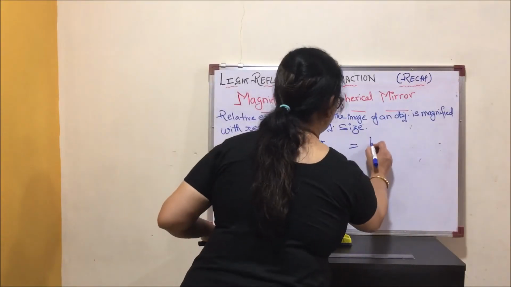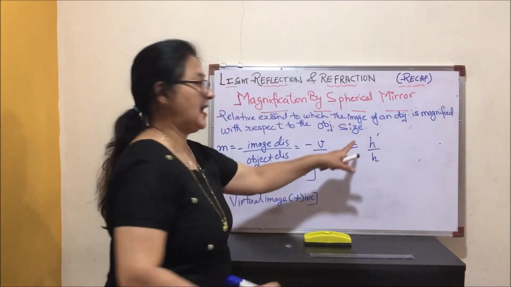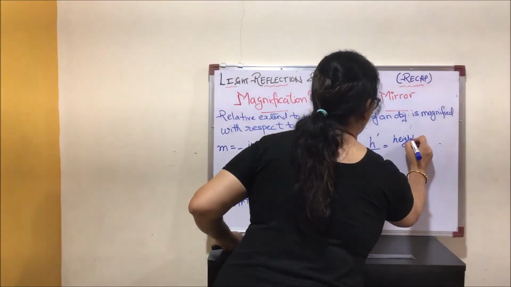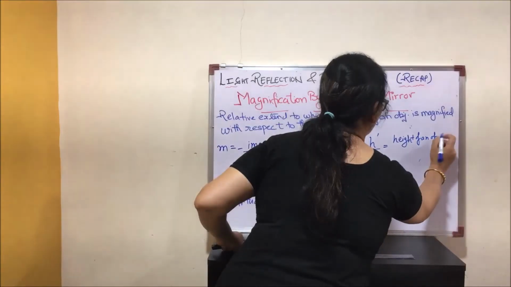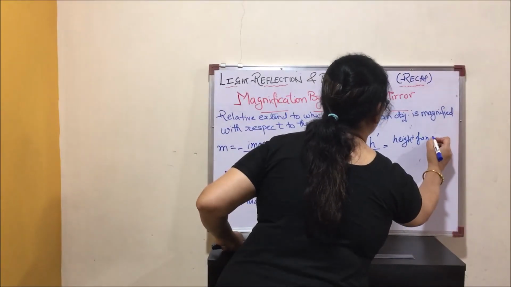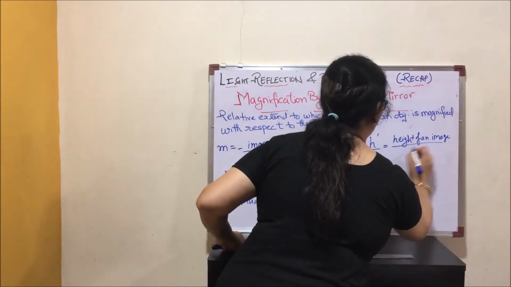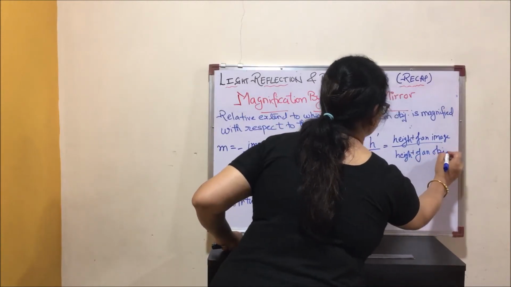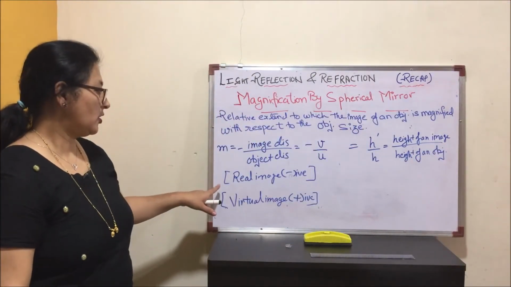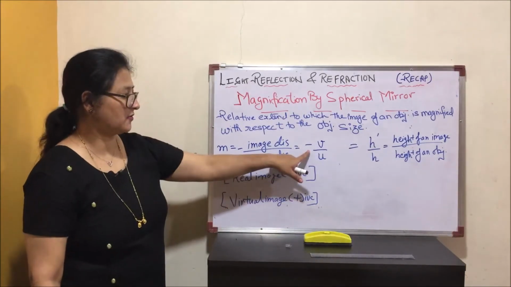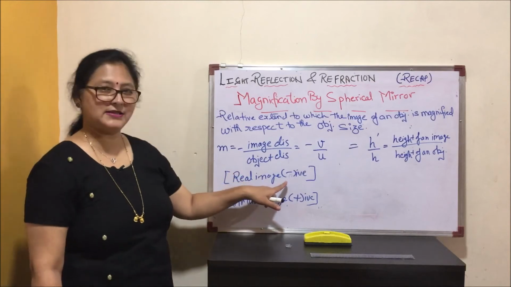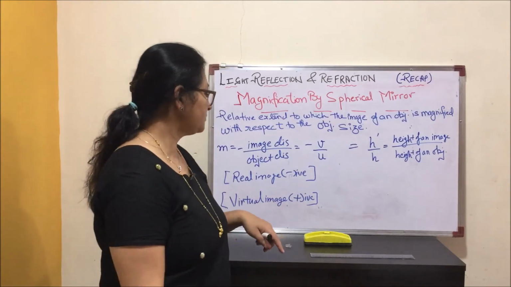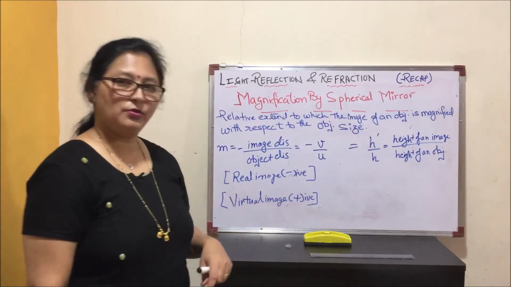And the other formula is m is h dash upon h, where h dash is height of an image divided by height of an object. Clear? Now, the other thing with this formula, we came to know that the real images are always negative and the virtual images are always positive. Clear? Now, let's do one.